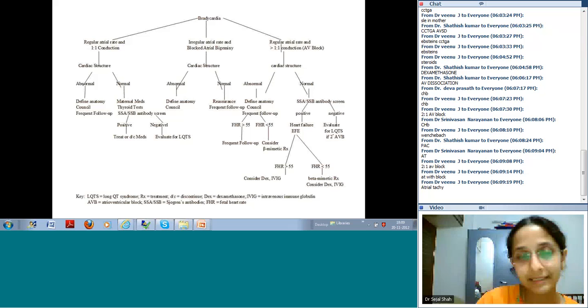The other possibility is where the atrial rate is more than the ventricular rate, where it could be a complete heart block or 2:1 AV block, or it could be a PAC which is not getting conducted. In which situation we would again follow the same protocol of structurally normal heart, low antibodies to be ruled out, and if the fetal heart rate is less than 55, give it a thought whether medications can be given to the mother.